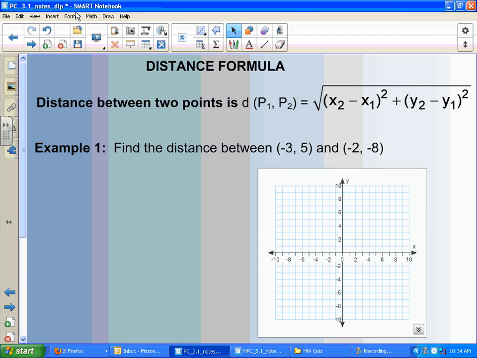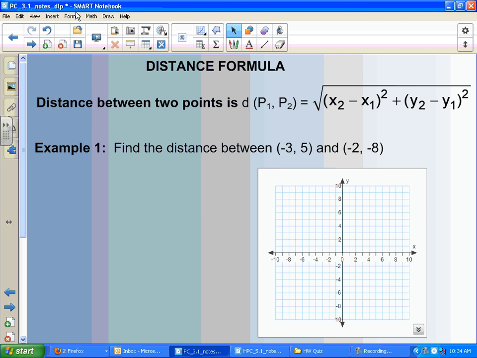So again, distance formula, refresher 101. Where does it come from? Pythagoras, right? It comes from a squared plus b squared equals c squared, and what we do with it is translate the a squared and b squared parts as the difference between the x values of two points and the difference between the y values.